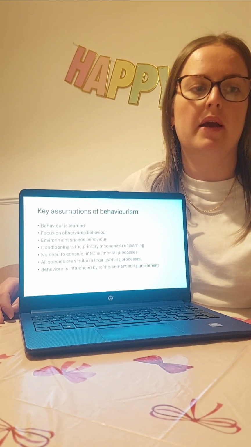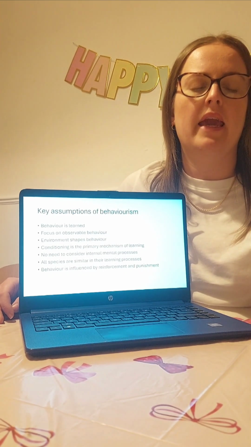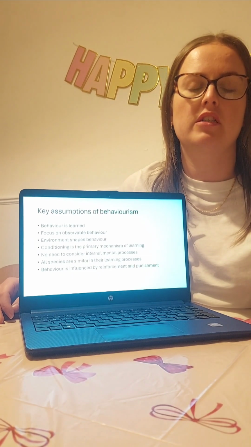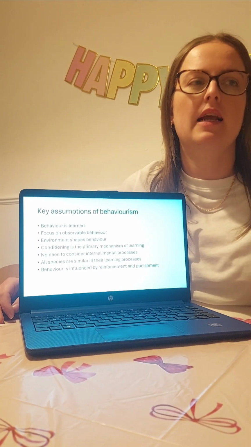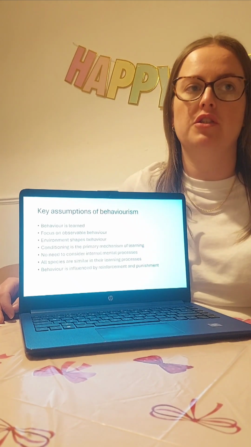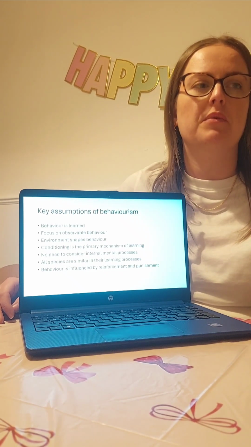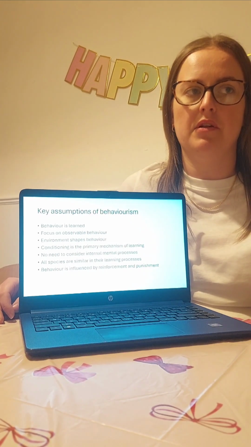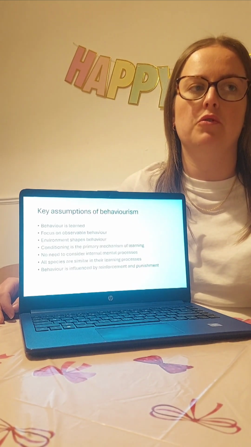Conditioning is the primary mechanism of learning. Behaviourists believe that learning occurs through two primary types of conditioning: classical conditioning, or associative learning, where a neutral stimulus becomes associated with an unconditioned stimulus to produce a conditioned response.